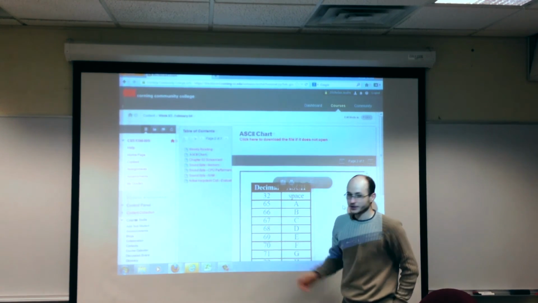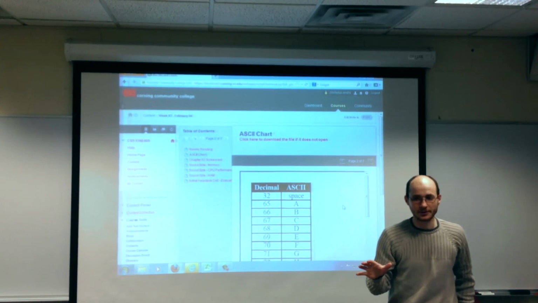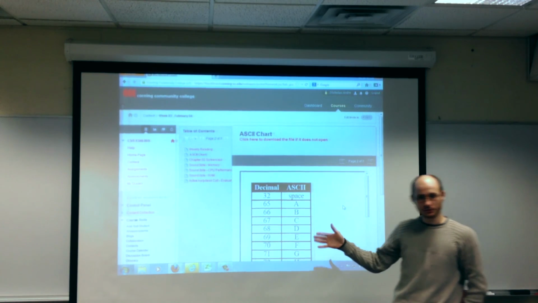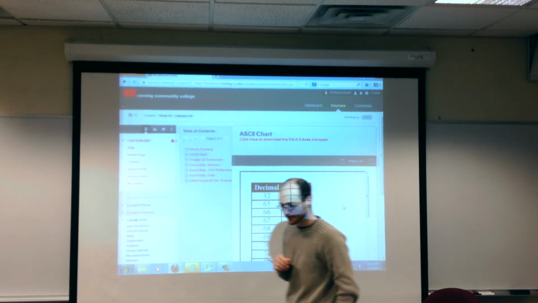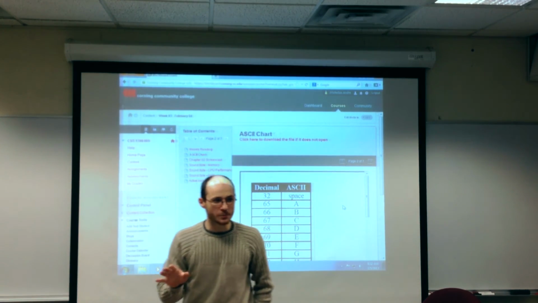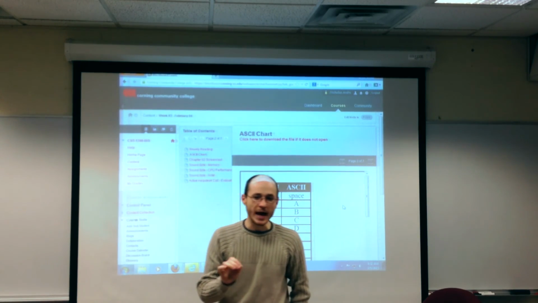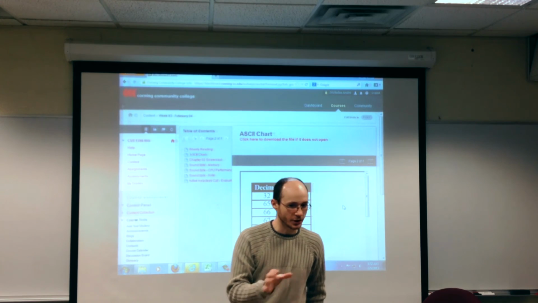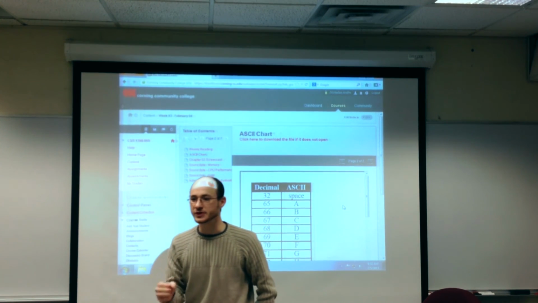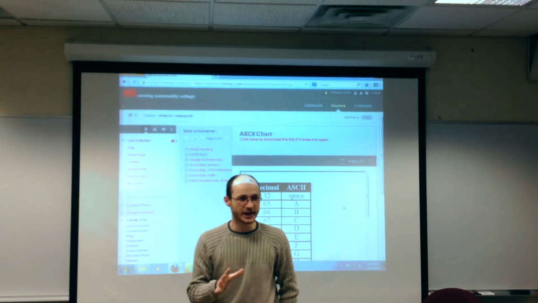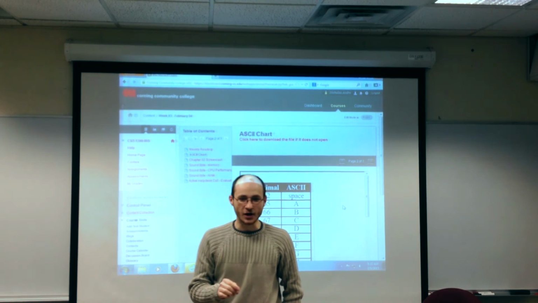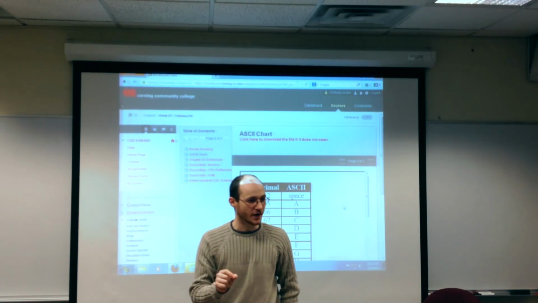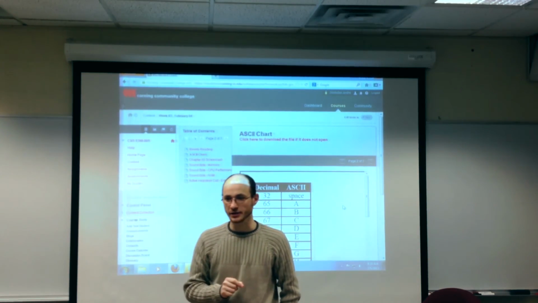But if all goes well, do you see how I took a decimal number and I mapped it to some letters? And this is completely arbitrary. But what we had to do is we had to agree upon this. We had to make this standard that every computer in this country is going to be able to understand this table, so that all computers, when they read a text file, interpret it correctly.